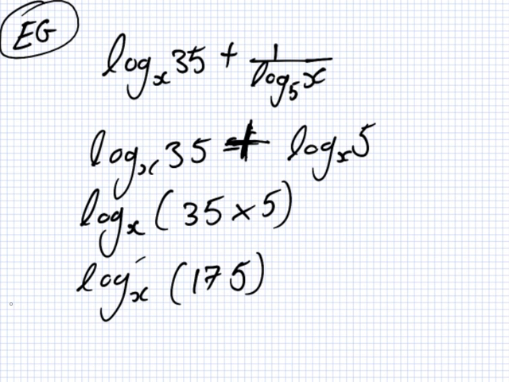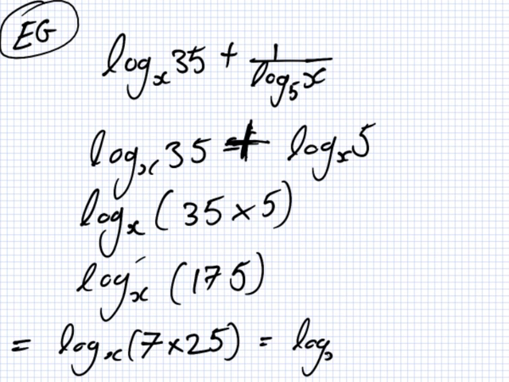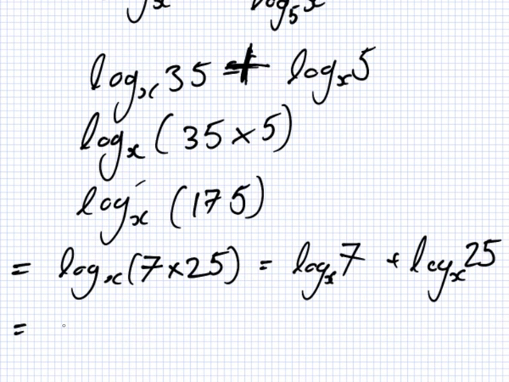So like if you wanted to continue, you could do something like log x of 7 times 25 is the same thing. Which would be log x of 7 plus log x of 25. But what's 25? 5 squared, yeah.